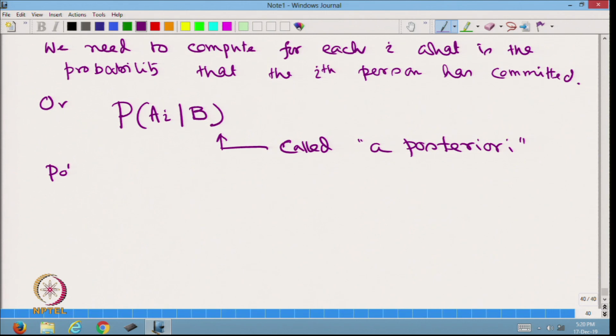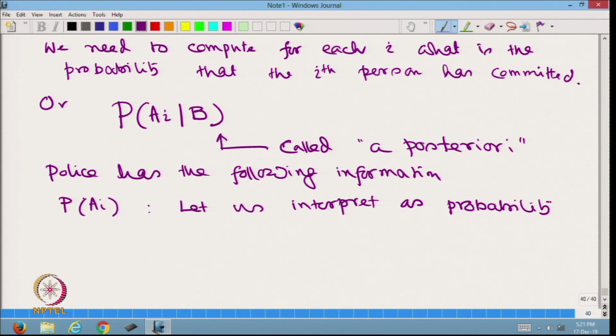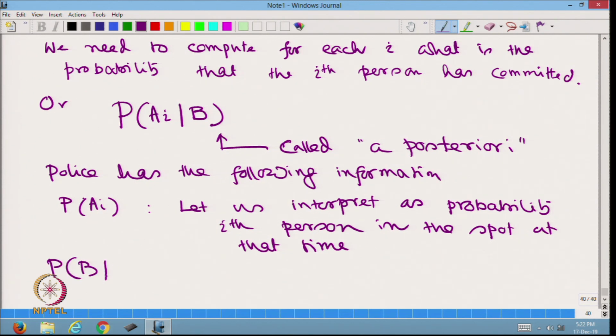Now, police has the following information: that probability of Ai, let us interpret as probability ith person is in the spot at that time, and probability of B given Ai, that ith person commits the crime.